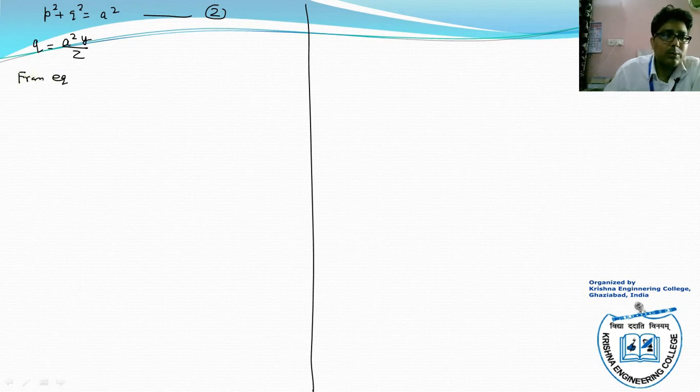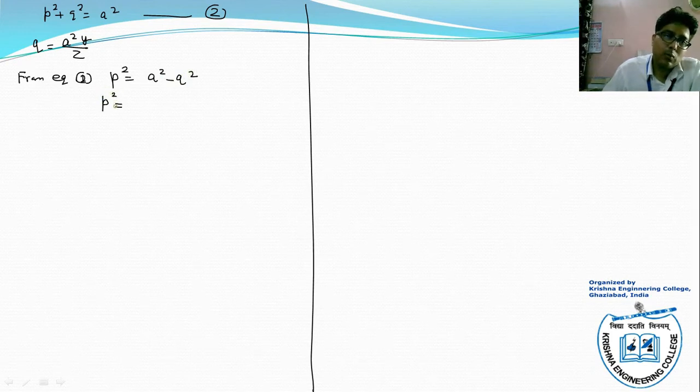From the second equation, p square is equal to a square minus q square. The value of q square is a to the power 4 y square upon z square.